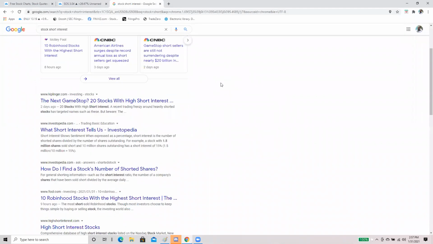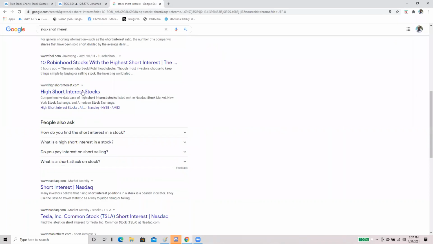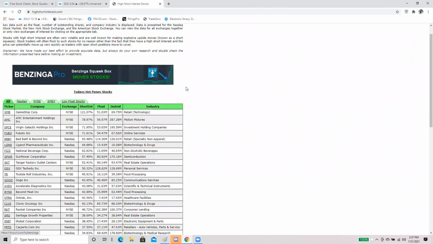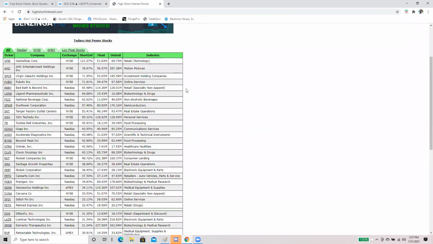So look into how these kinds of things work. You have to identify, look at the float. Right here, how many days do they have short covering left? I don't think this one tells you how many days are left. No, this doesn't tell you how many days are left, but right here you can see the most shorted stocks right now.